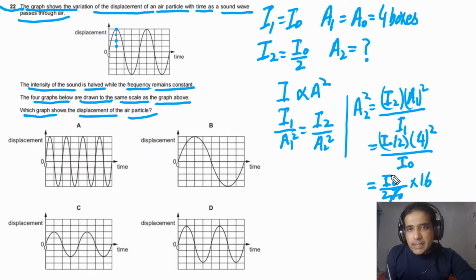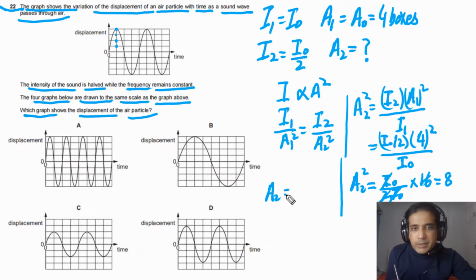So we can cancel I0 with I0, and if we cancel 16 with 2 we will get 8, and this is A2 squared. But we need to find out A2. So simply A2 is equal to root of 8, which is about 2.8. So the amplitude is equal to 2.8 boxes. And now we can check different waves and find the answer.